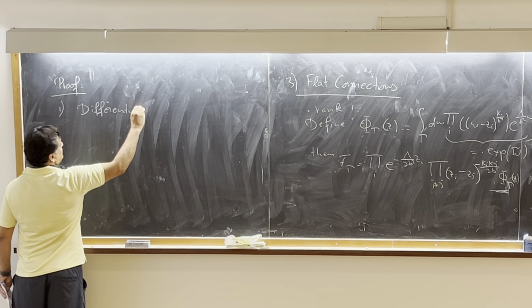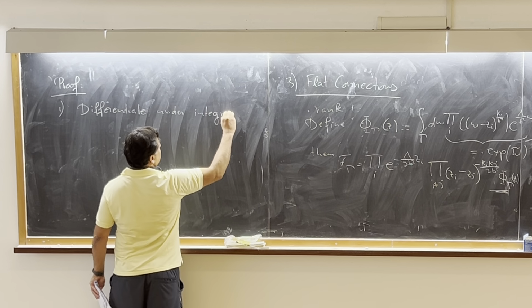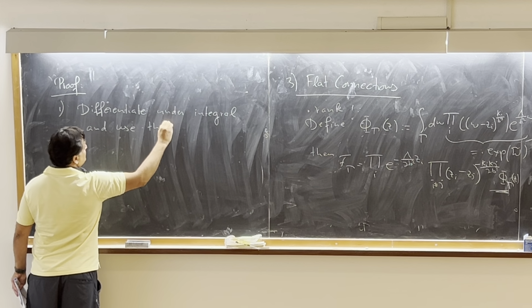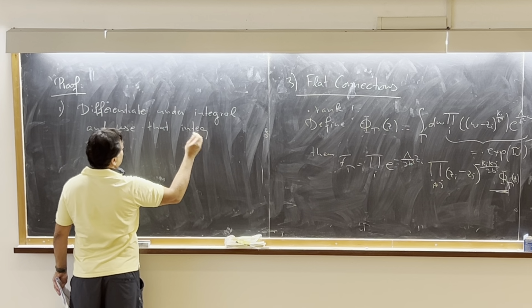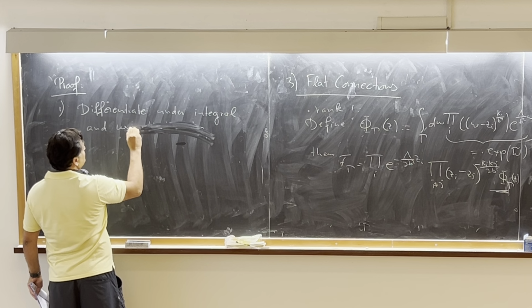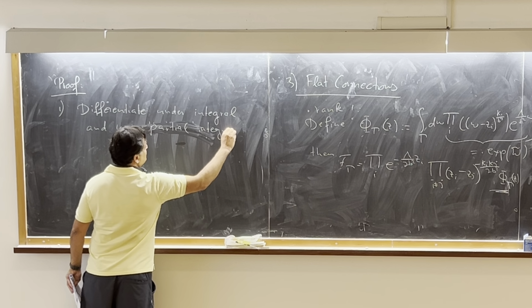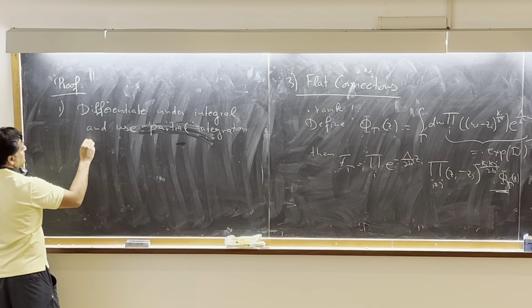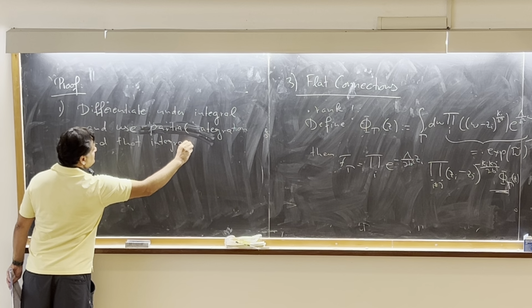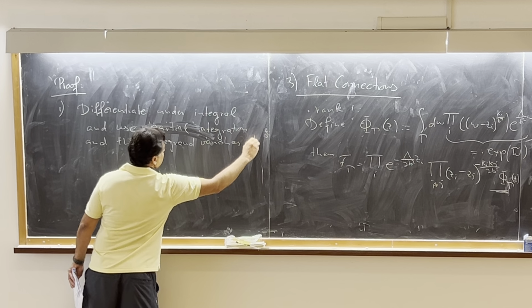Differentiate under the integral and use that integrand, and maybe use partial integration. And that integrand basically vanishes at infinity, at the boundaries of gamma.